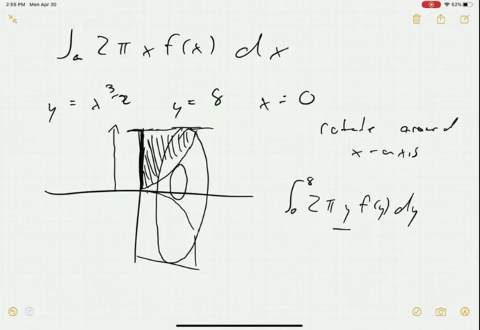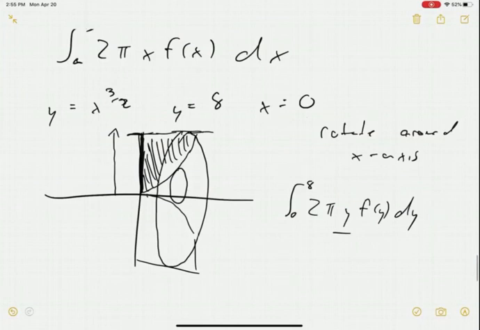What's my f of y for my cylinder? That's actually going to be the distance from the bottom of my object to the top of my object, measured this way. The cross sections are these washers, but really that's not what's important.